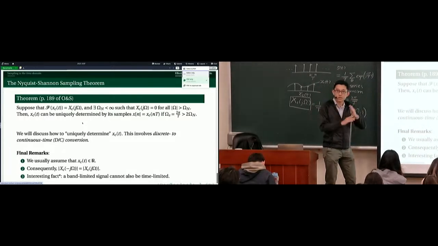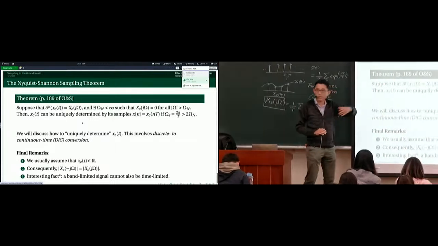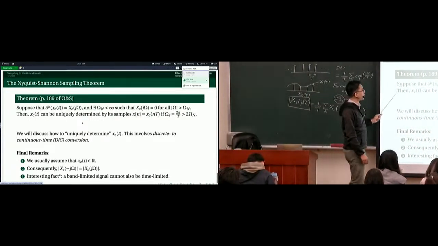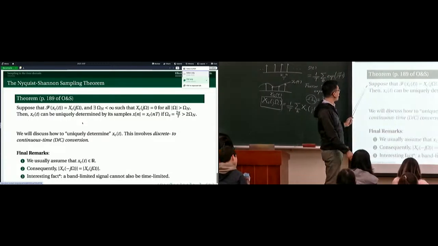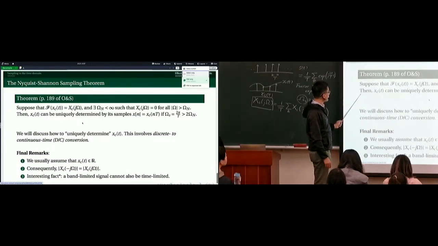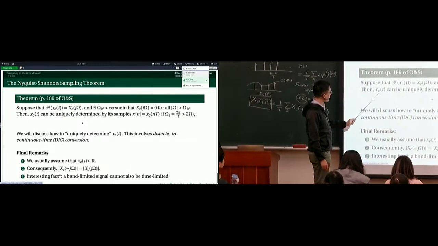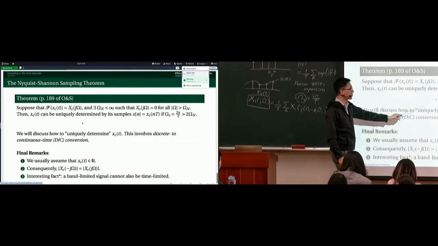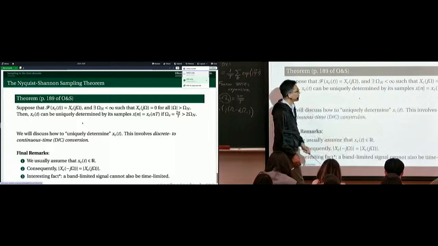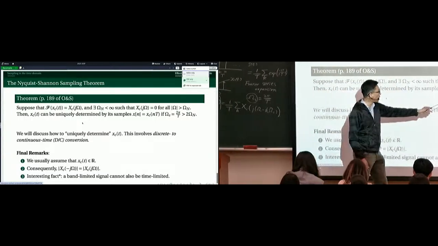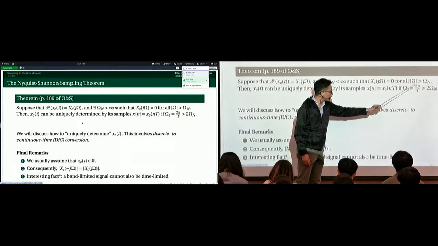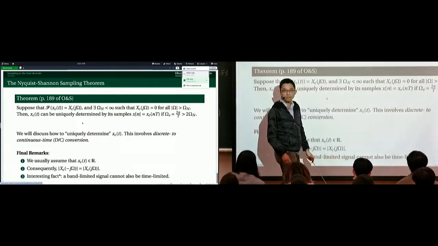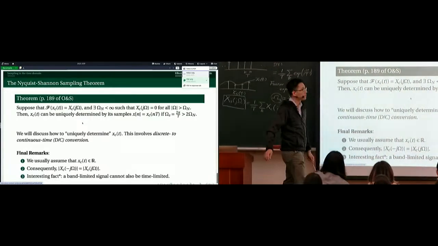Anything above that frequency is going to be all zero. Okay? Nothing beyond omega N. That's the meaning. Okay? Then what? Then we say the signal can be uniquely determined by its samples, as long as we sample at a sampling rate that is at least 2 times higher.